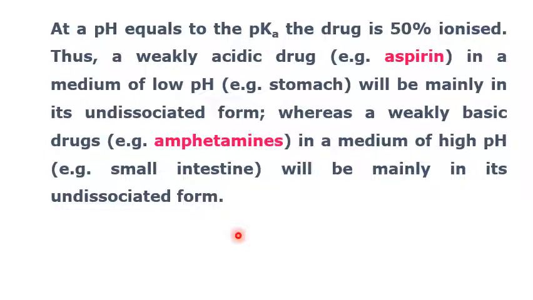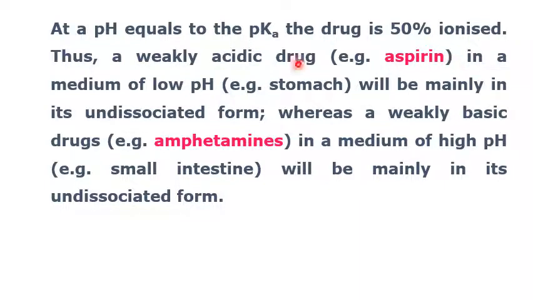At a pH equal to the pKa value, the drug will exist 50% in the ionized form and 50% in the unionized form. As we said before, the unionized form is the form of the drug that can pass through biological membranes. An example of this is the weak acidic drug aspirin.